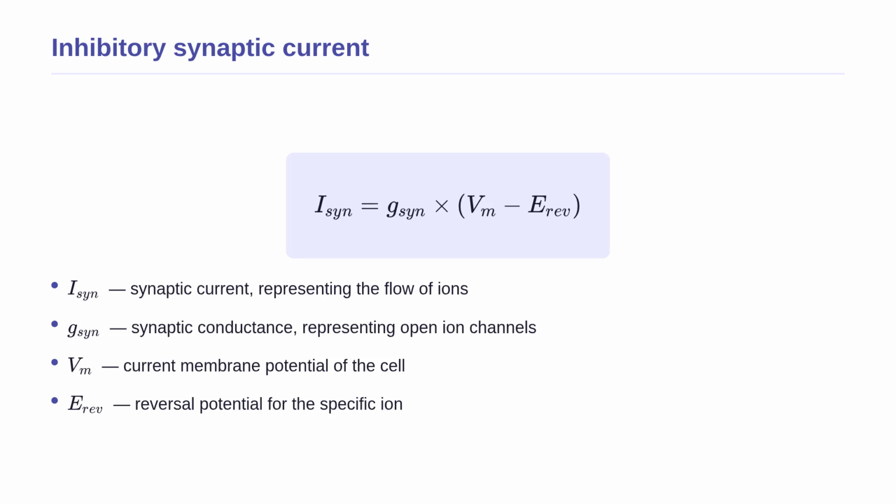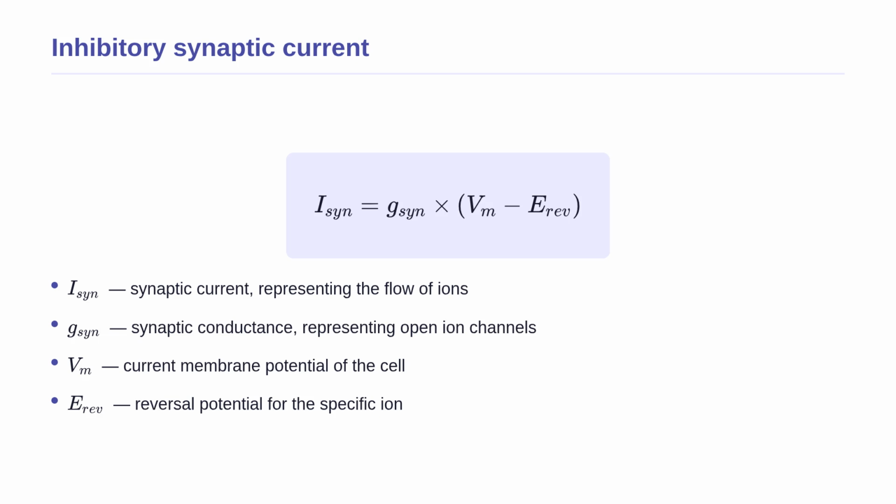Now that we know how IPSPs act as brakes, let us examine the math behind this inhibitory flow. This formula calculates the synaptic current for an inhibitory synapse. Conceptually, it states that the flow of ions depends on how many doors are open and how hard the ions are being pushed through those doors. I syn is the synaptic current.